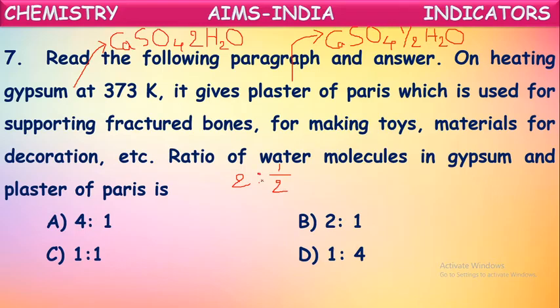Now this is the ratio we get of the number of water molecules in gypsum and plaster of Paris respectively. Now if you take the ratio of these two, 2 is to half, what do we get? We cross multiply, so 2 will come and it will be multiplied here. It becomes 4 is to 1. Where is it? The first option. Okay, it is the ratio.